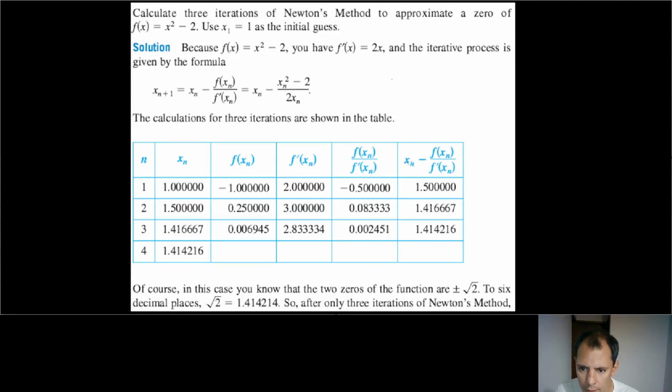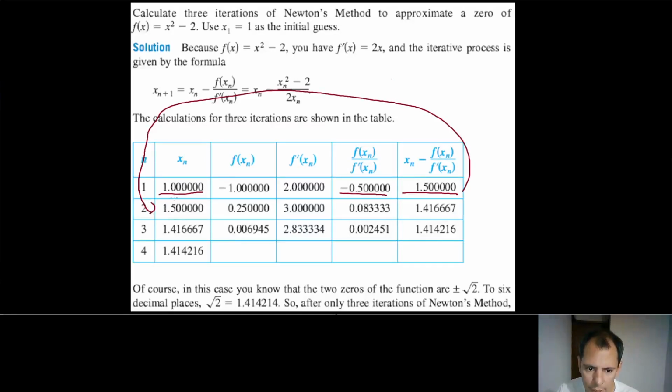Okay. Now you're going to do xn, which is 1 minus minus half. So it's 1 plus half, 1.5. Now you get this 1.5 and you bring it over here to the next iteration. So this is the first iteration, this is the second, then you have the third here, then you have the fourth, okay? And you can see that it's actually converging.